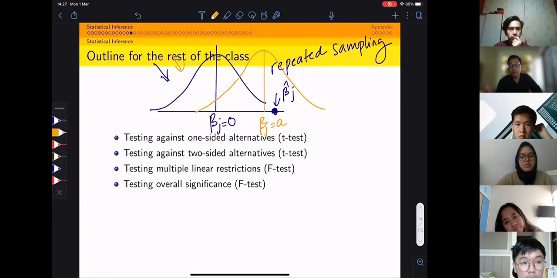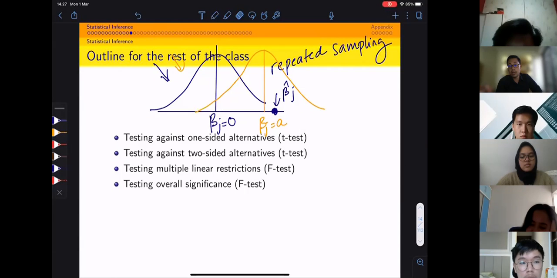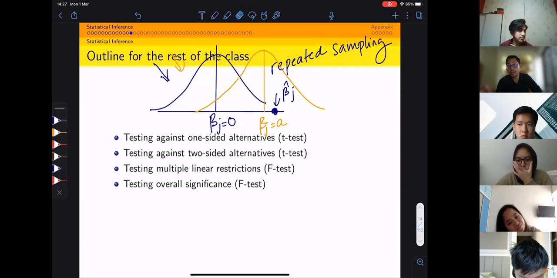We usually use the 1%, 5%, and 10% significance levels. When we report regression results, we usually report the 1%, 5%, as well as the 10% significance level, not just one. So there's no one significance level for all, but usually we use these three.